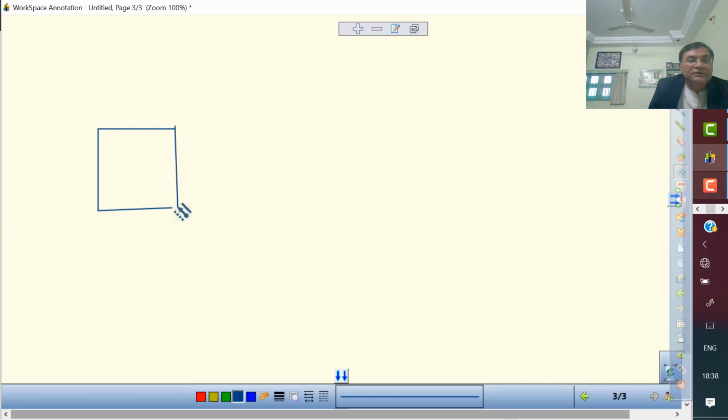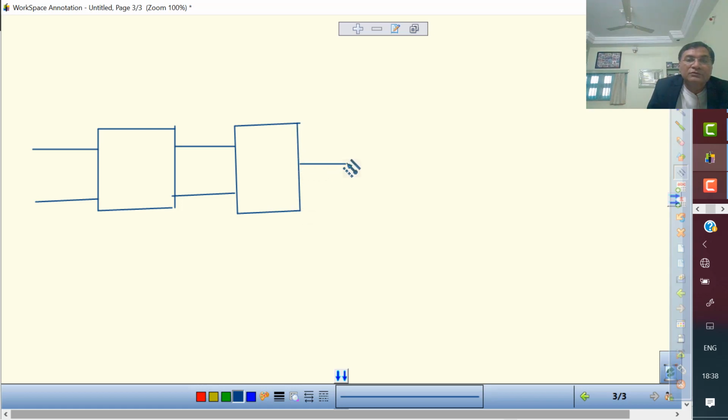Okay, this is my first block. It has two inputs, okay, and two outputs. It is called dual input balanced output. Then we have second block, okay, this is second block, and it has only one output.